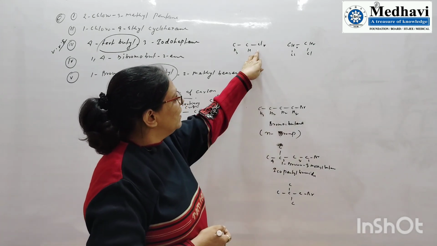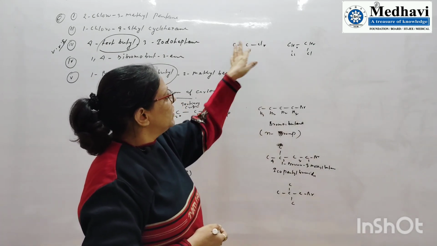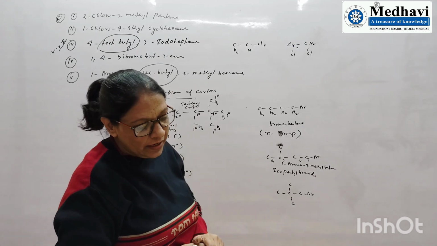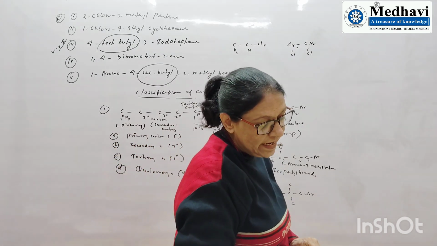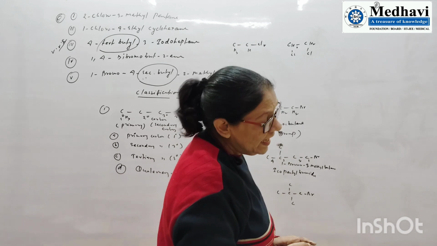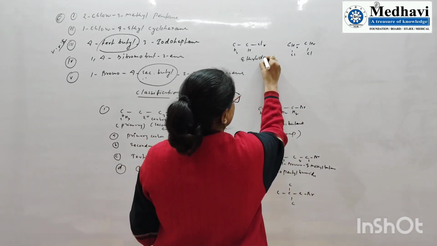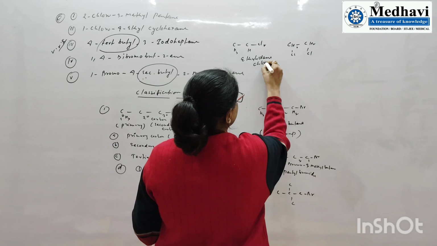Normally we can say 1,1-dichloroethane, but commonly it is called ethylidene chloride. Ethylidene chloride. Very, very important.